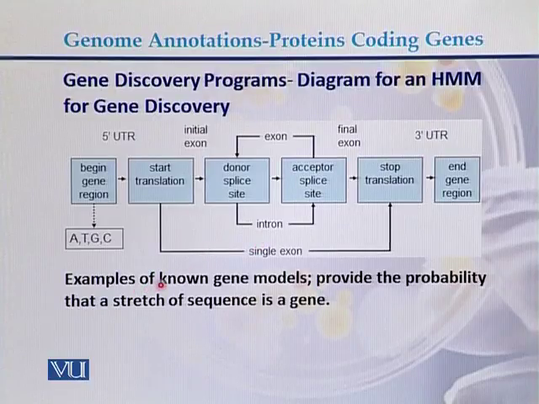This is an example of a known gene model that provides the probability that a stretch of sequence is a gene. If within our DNA sequence there is a 5-UTR sequence, then exons and introns, and at the end a 3-UTR region, then with the help of this program we can identify that the stretch of nucleotides seems to be a gene.